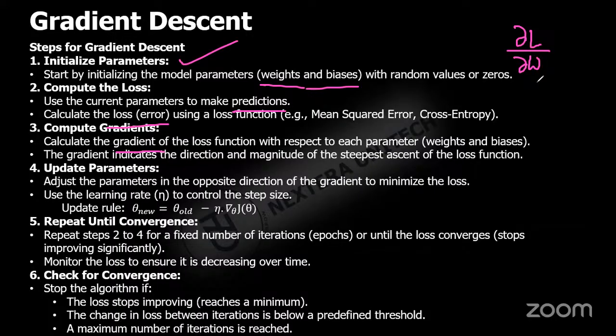Once these gradients got calculated, we update the parameters using the formula: W new equals W old minus eta multiplied by dou L divided by dou W old. When you use this formula, the new weights get calculated, and taking these new weights, the model again starts propagating forward.